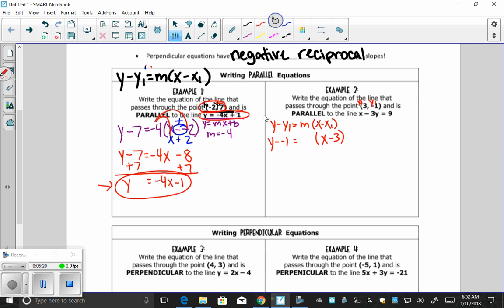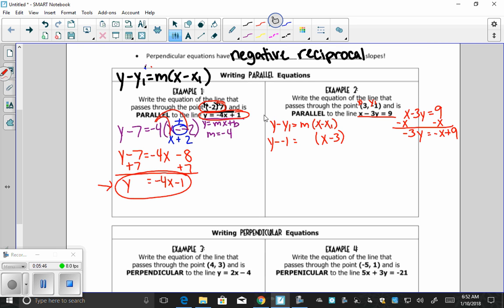Now, if I look at the line that they give me, I notice it is not in y equals mx plus b form. So I've got to change it. The first thing I have to do is move x to the other side. So I'm going to be left with negative 3y equals negative x plus 9.